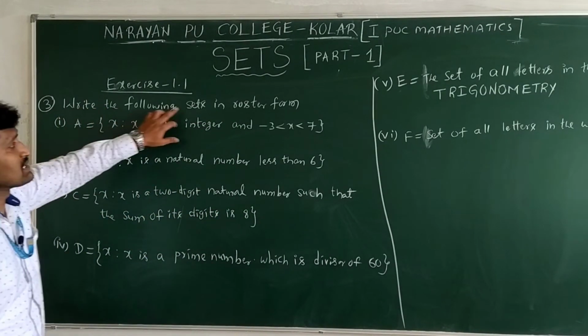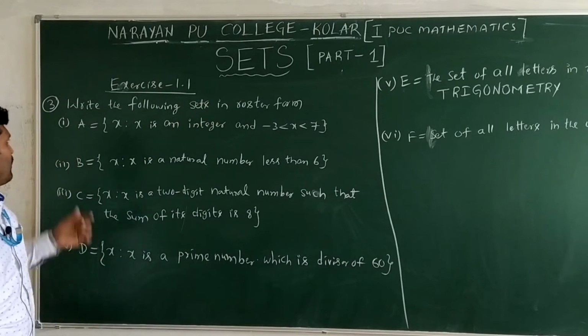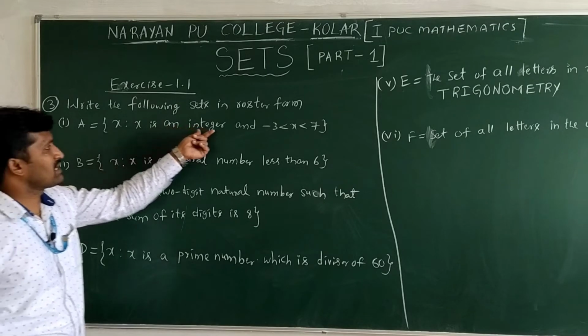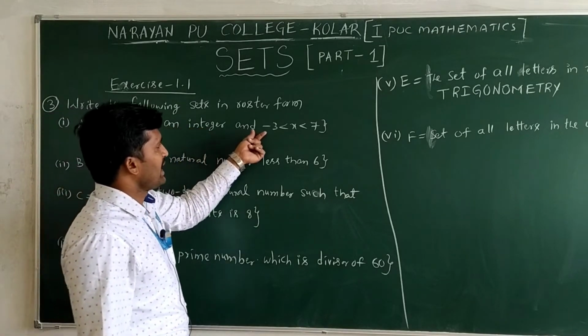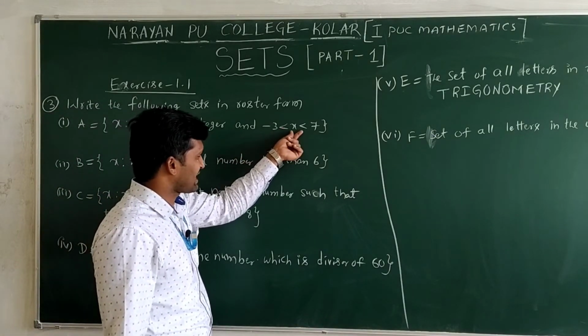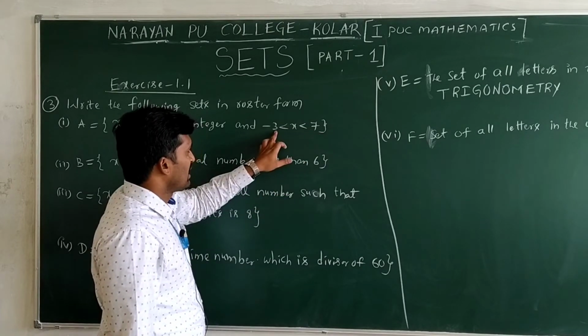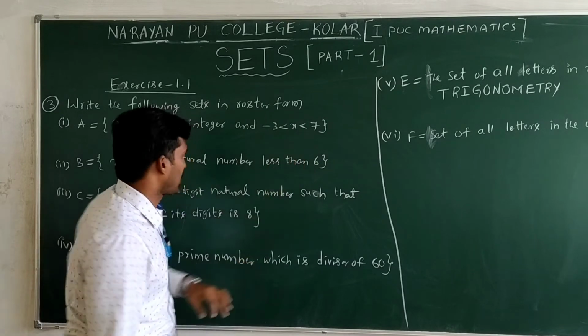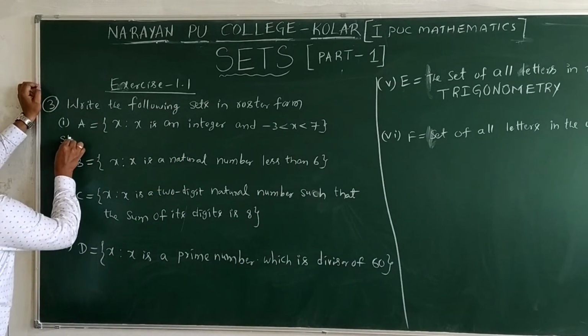Write the following sets in roster form. First one, A equals x such that x is an integer and lying between -3 less than x less than 7. This means the value of x is more than -3 but less than 7.